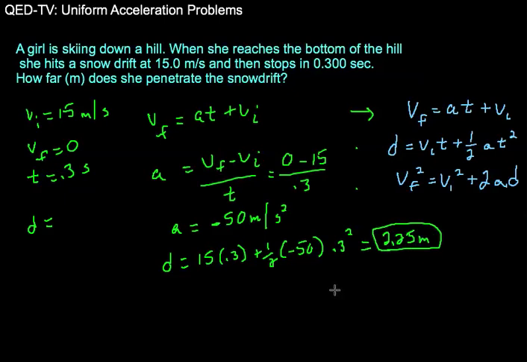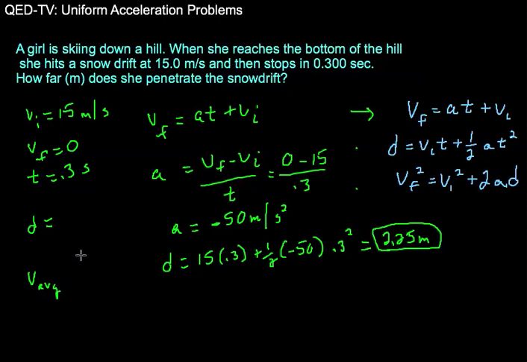Now there's actually another way to look at this problem. Her initial velocity was 15 and her final velocity is 0. And whenever we have a uniform accelerating problem, that means they're changing their speed at a uniform rate. So we can always figure out an average velocity. There's a couple ways to do that.